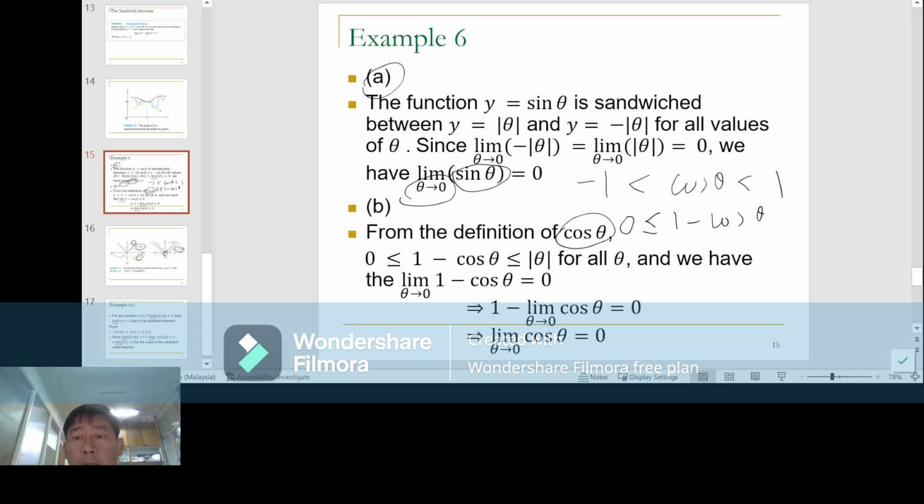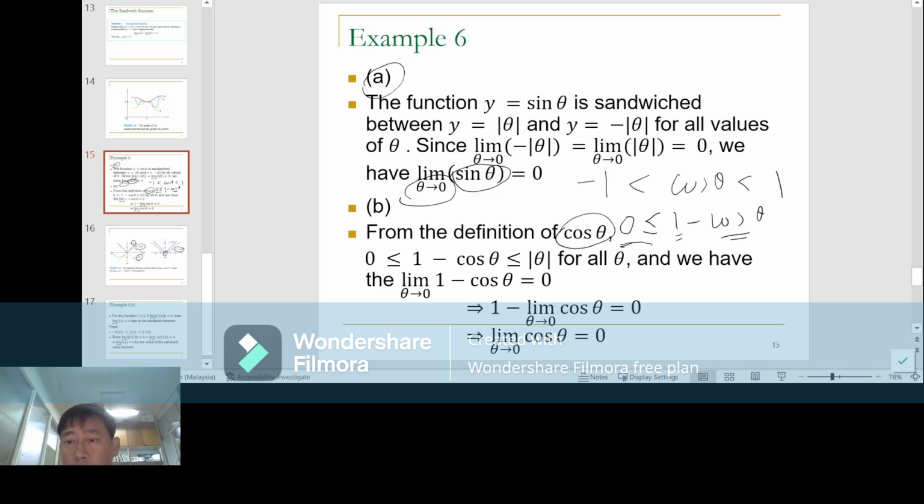Because cos theta would never be larger than 1, 1 minus the largest value of cos theta would always be positive. And cos theta could also become negative. When it becomes negative, 1 minus cos theta would also be a positive number. So it is always true that 1 minus cos theta is always larger than or equal to 0.